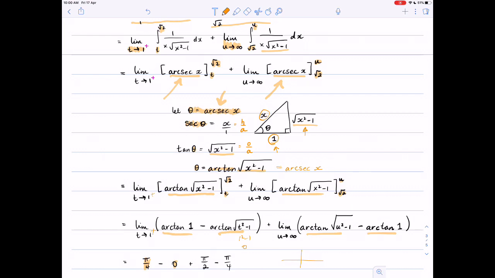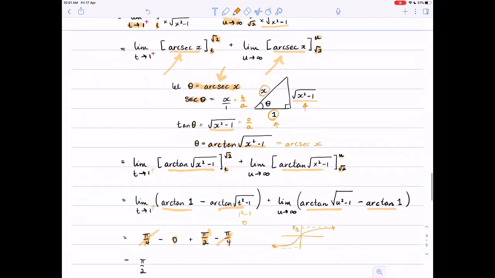So we do need to know the arctangent graph, and this is why I chose the arctangent over the arcsecant, because most of you will know the arctangent graph, whereas you will not know the arcsecant graph. The arctangent, as we go to infinity, heads to pi over 2, so that is this value here. And then I have the arctangent of 1, which is pi over 4. Those values cancel out, and I have 0.